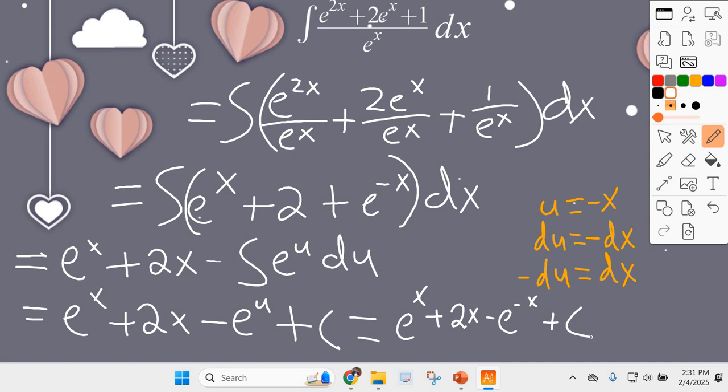And also, can you explain how you know to put negative x as u? So, I know the antiderivative of e to the x is e to the x, right? So if I have something in that form, e to one variable, I know what the antiderivative is. Right now, I have an e to the negative x, so negative x is not just one variable. I have a negative up there, which is extra stuff.